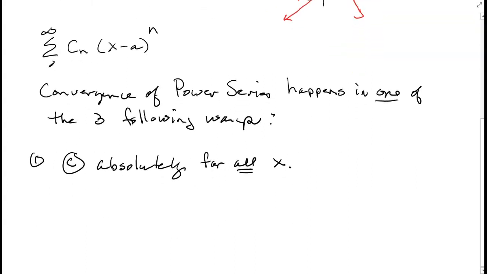We are converging for all x, meaning as you continue to add those terms, it's going to continue to wrap around the function. When that happens, we say that the interval of convergence is negative infinity to infinity.